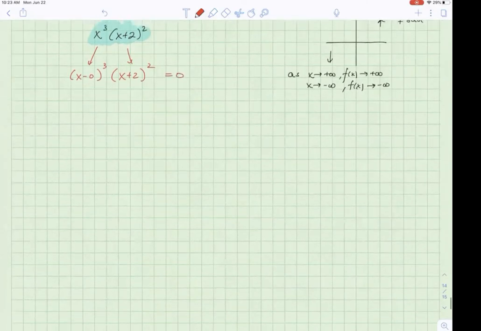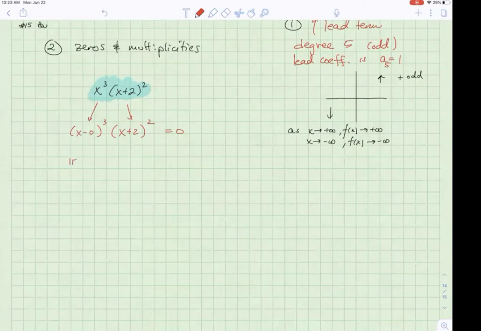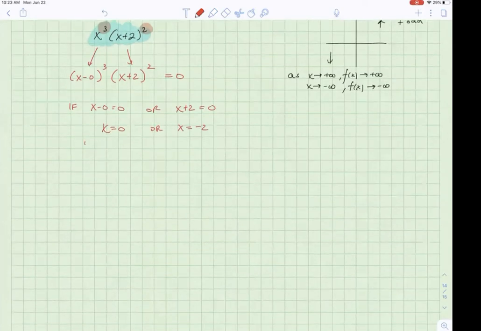So we're trying to find our zeros here. That'll equal 0 if x minus 0 equals 0, or x plus 2 is equal to 0, in which case x is 0, or x is negative 2. But according to what we have here, we have our multiplicities: this is with multiplicity 3, and this is with multiplicity 2.